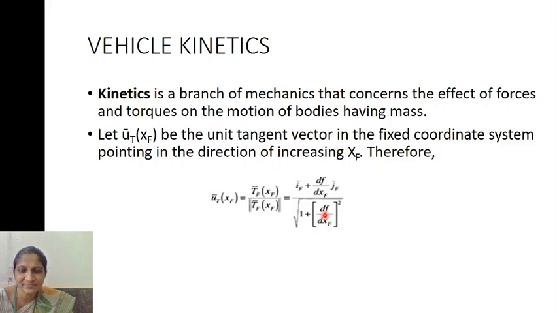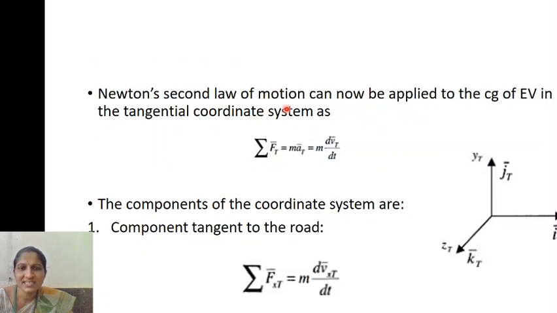And from Newton's second law of motion, F is equal to m into a bar, where a is the acceleration. Acceleration is the change in velocity, that is m into dv by dt. And the components of this coordinate system are the components tangent to the road. So when the vehicle is moving on a road, there are three forces acting: one force in the x direction, another in the y direction, and another in the z direction.